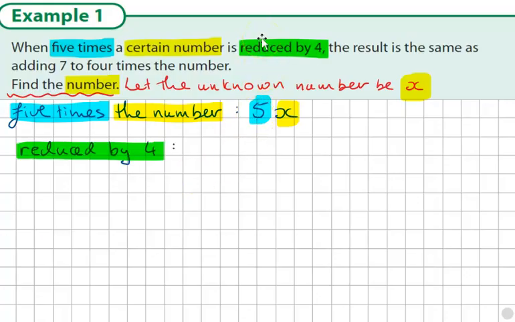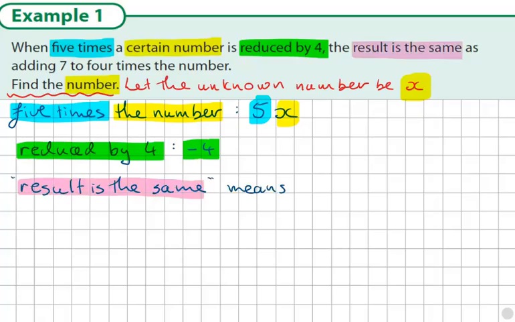So the next part of the sentence is reduced by 4. Reduced by 4, we rewrite as minus 4. The next part of the sentence says result is the same. So result is the same means is equal to.